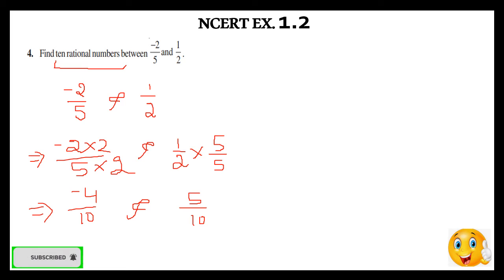But from -3 to 4, we don't have a total of 10 numbers. So we can further multiply it, or we can make it twice. Okay. So next what we need to do, we can make -4 by 10 twice. So here we have 2 times -4, that is -8, and then 10 2 times will be 20.